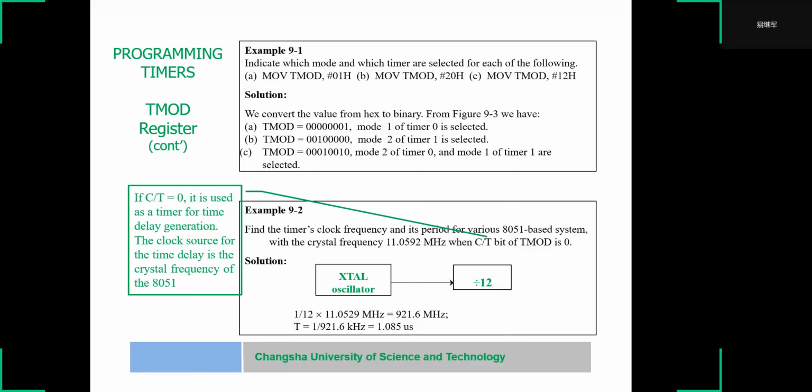We know the oscillator frequency, the crystal frequency, divided by 12 is the machine frequency, so we can get the machine time. Each machine time, the timer adds one.